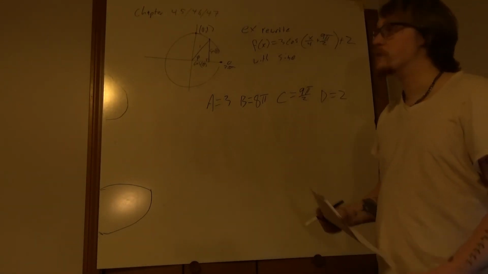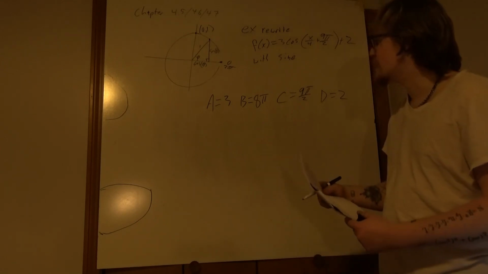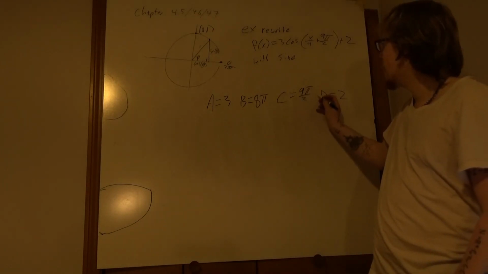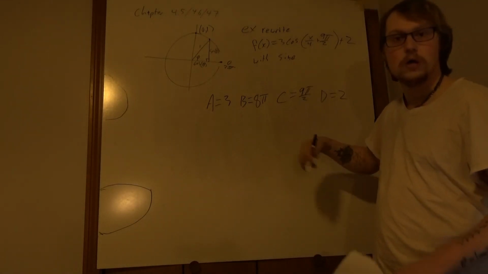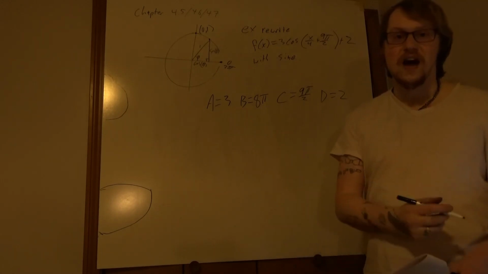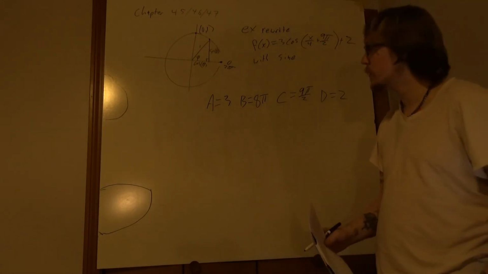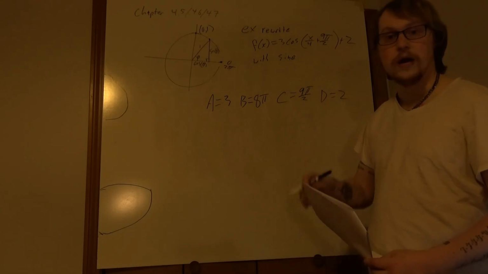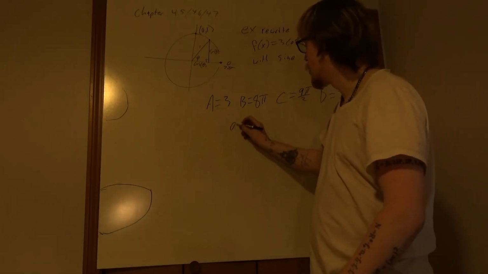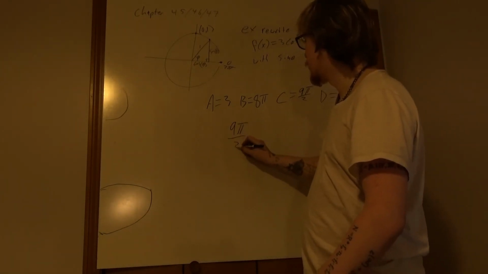So to rewrite this in terms of sine, we need to figure out what 9 pi over 2 looks like for a sine function. And so first, let's just look at 9 pi over 2.